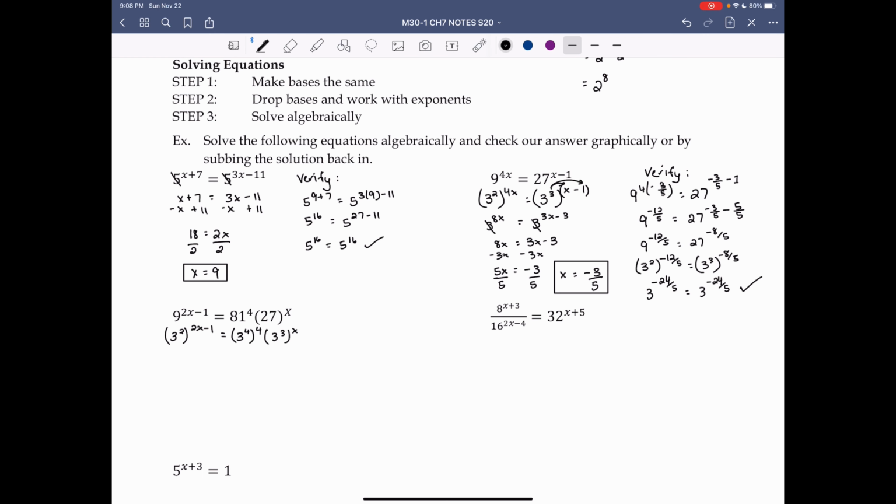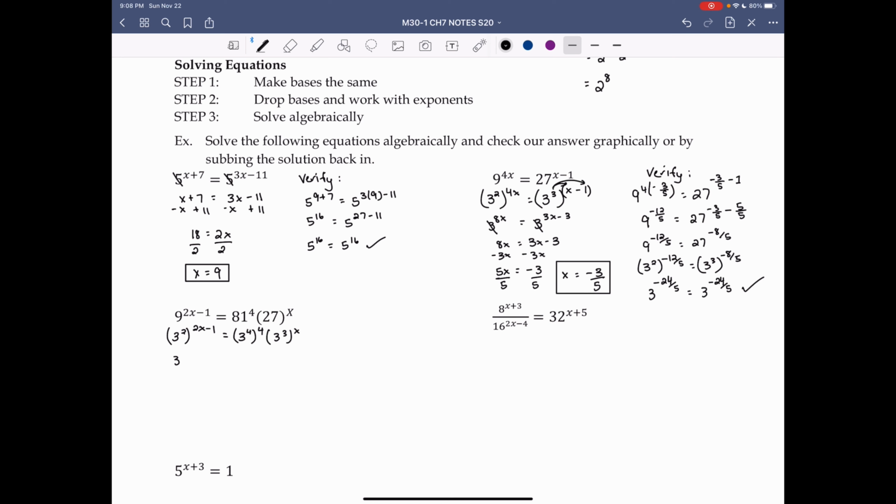Simplify, we get 3 to the power of 2 times 2x is 4x, and 2 times negative 1 is negative 2. I have to distribute that 2 to the binomial. Then we have 3 to the power of 4 times 4, which is 16, times 3 to the power of 3x.